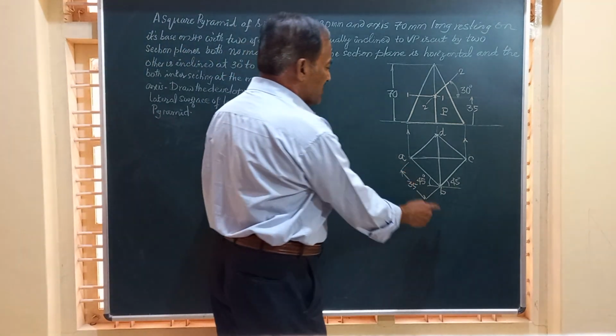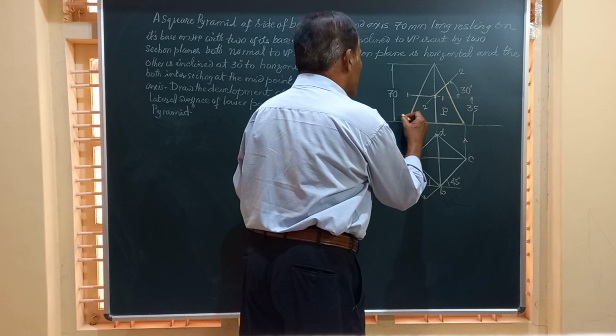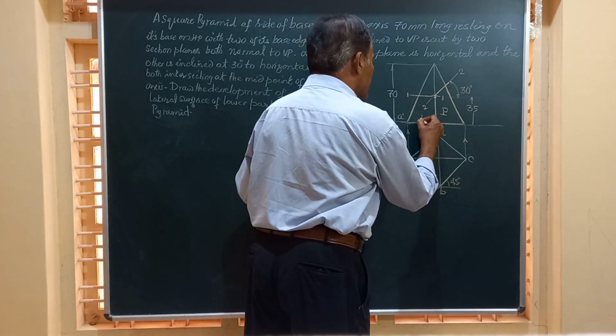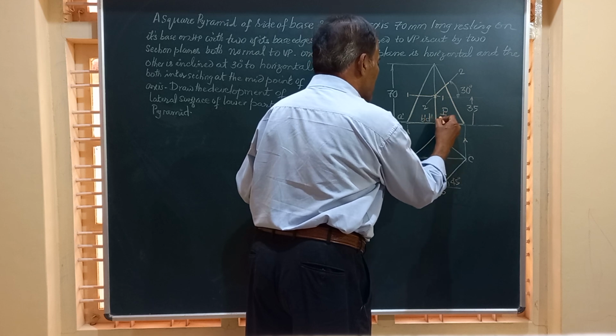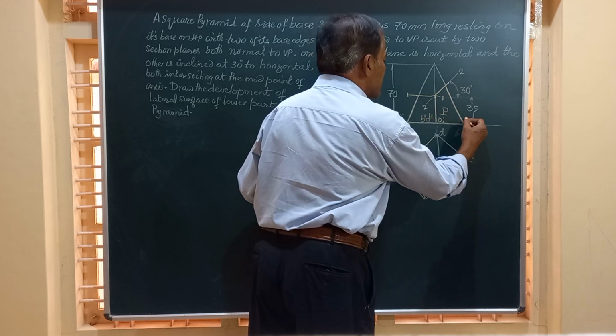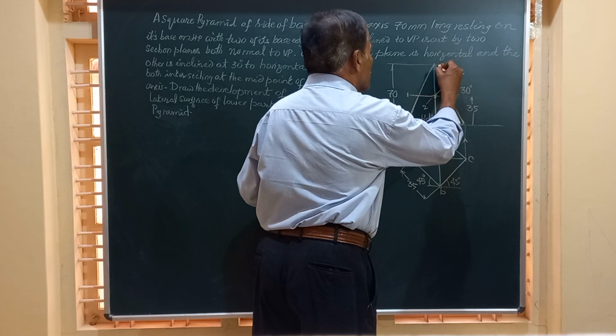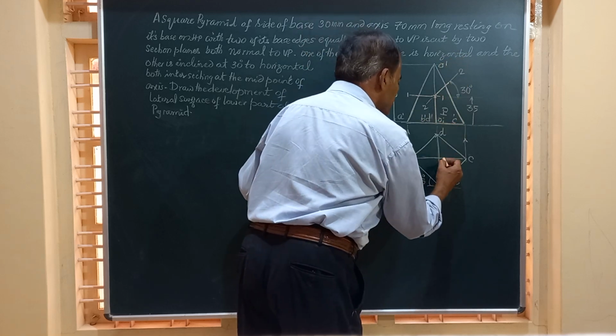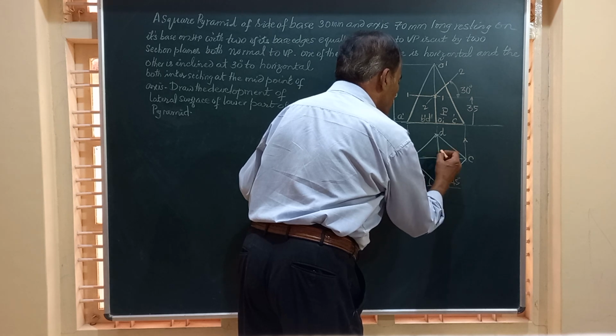Friends, let's mark all these points in the front view. This is A dash, this is B dash, D dash and also O1 dash. Finally, this is C dash. This is O dash, the vertex, and O1 dash is the center of the base. So I have to mark O, O1 here.